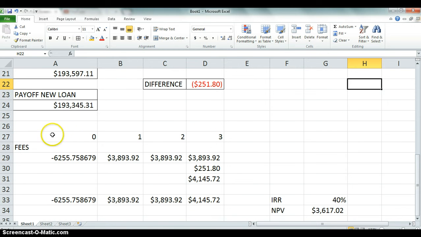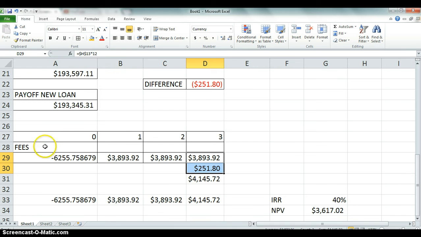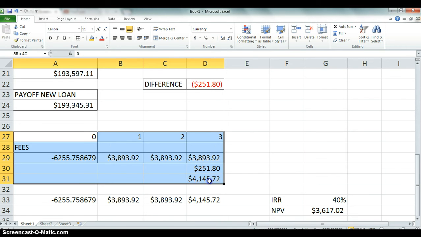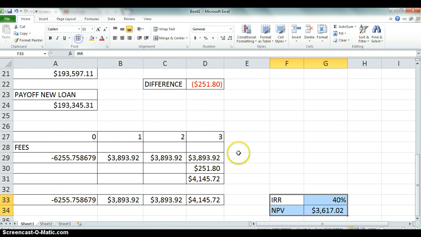So in this case, we have concluded that actually refinancing is probably the best thing that this family can do, because that way they can take their cash flows and show that the IRR is really high and the NPV is also really high and positive, so that is proof of a good investment.